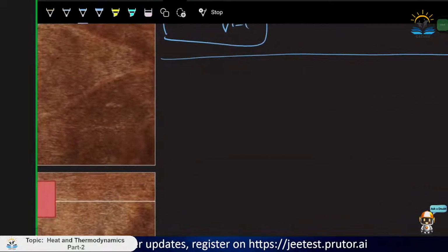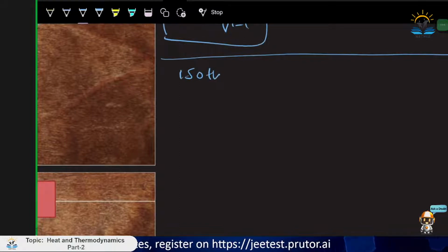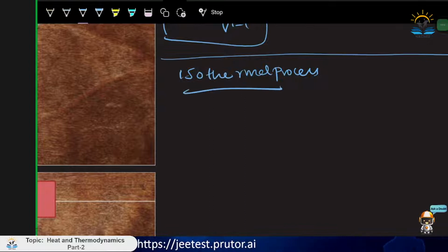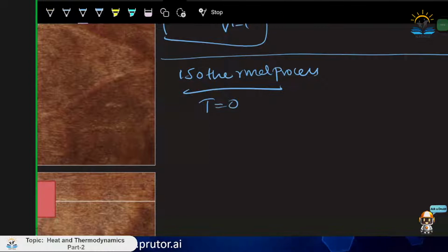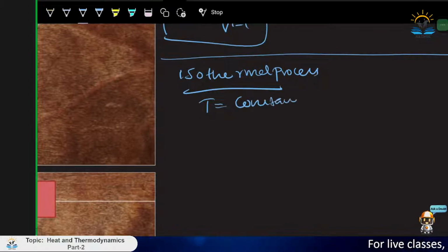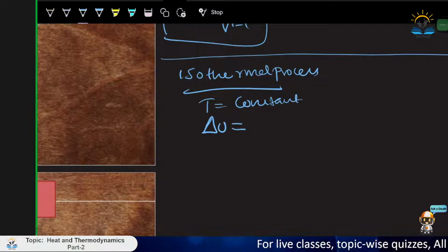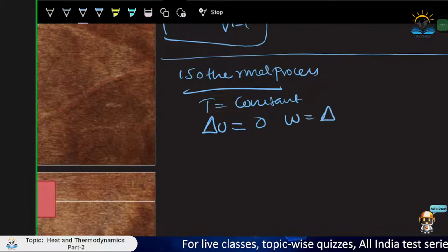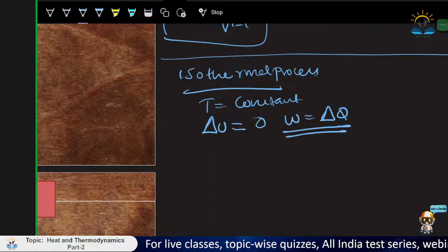In an isothermal process, temperature is a constant. So delta U is equal to 0, since we know delta U is a function of temperature. So W is equal to delta Q.